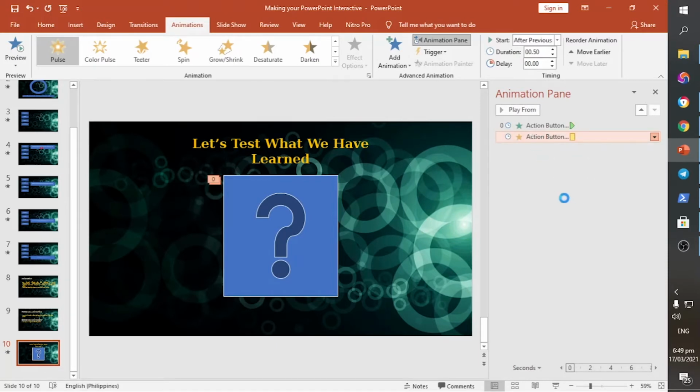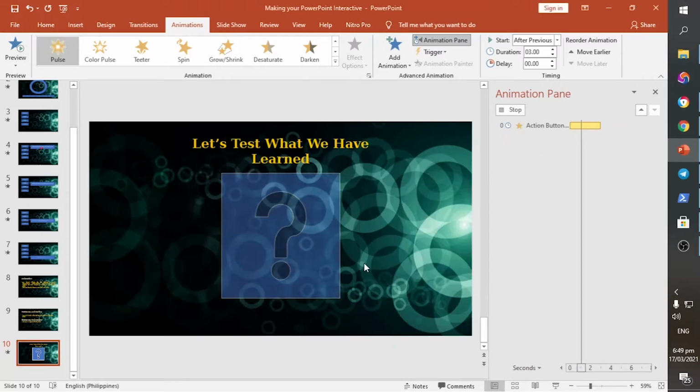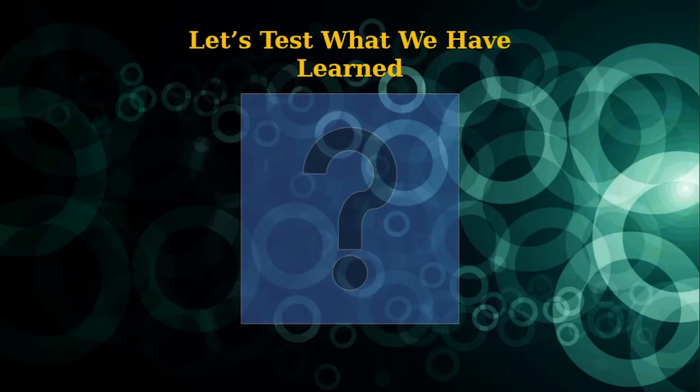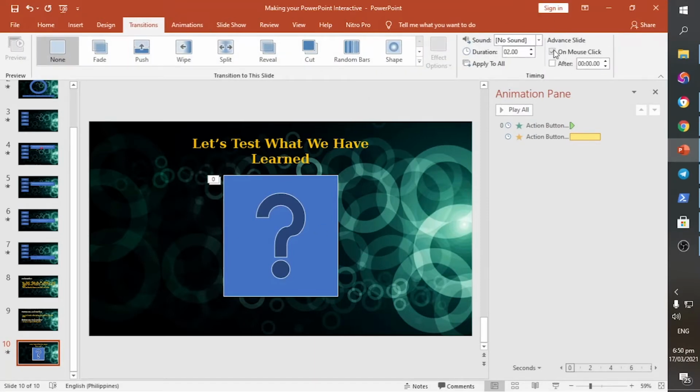After previous, let's extend the duration to 30 seconds. Yeah, I like that one. So let's test what we have learned, and then it should transition to the next page after.